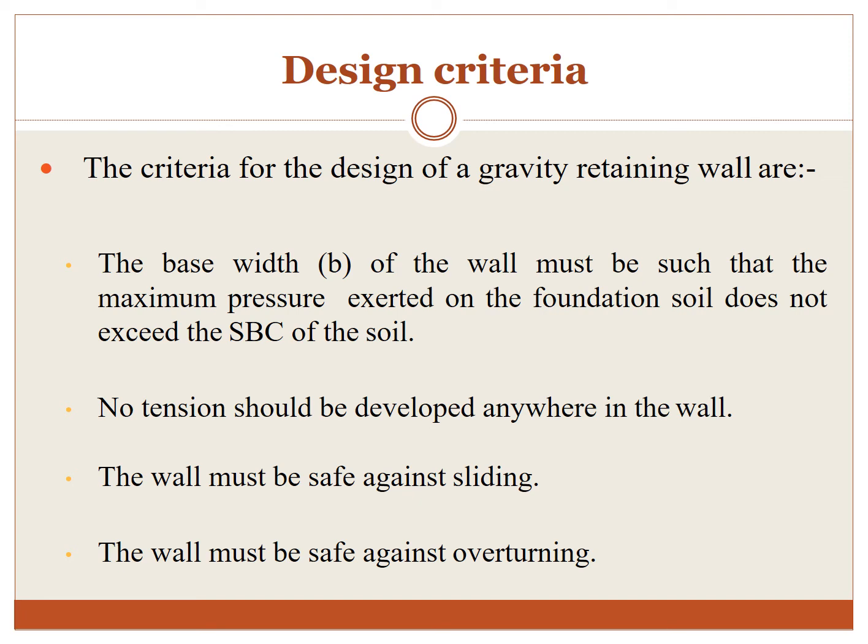Next, no tension should be developed anywhere in the wall. Third, the wall must be safe against sliding and the wall must be safe against overturning. So for designing a gravity retaining wall, these parameters should be satisfied.